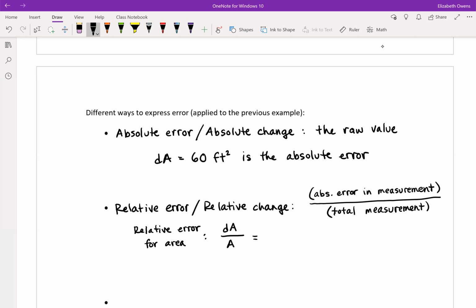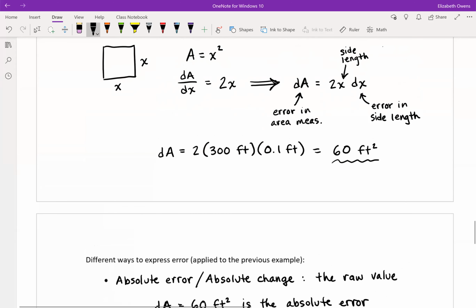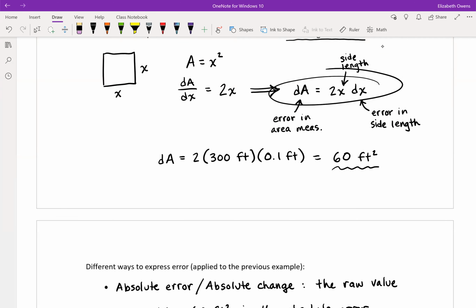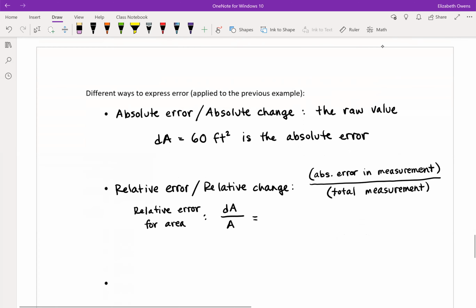Because we found an equation for dA right here. dA was 2x dx. Let's put that in right here, 2x dx. And A, the formula for A itself, was just x squared. And so if we simplify that a little bit, we can cancel an x there. You'd have 2 dx over x, which could also be written like this, 2 times dx over x.